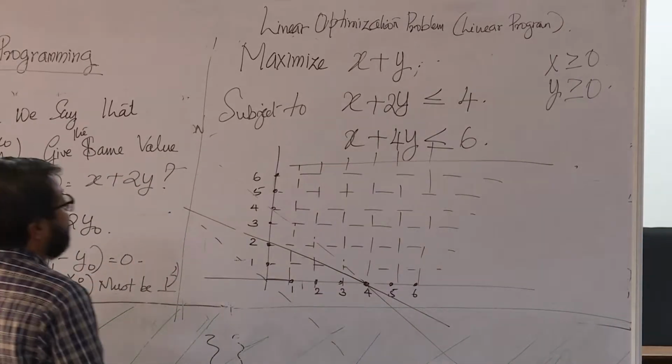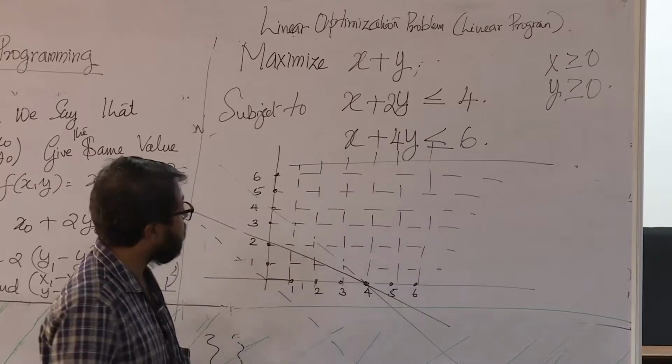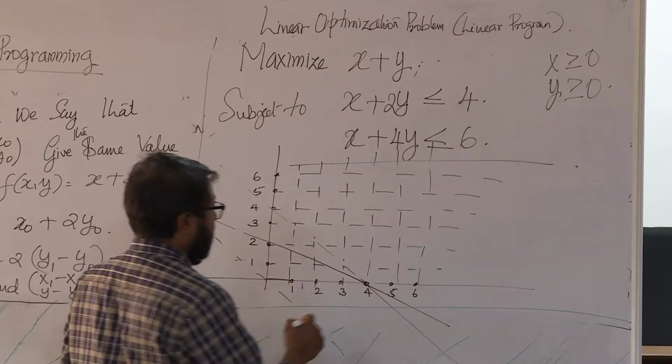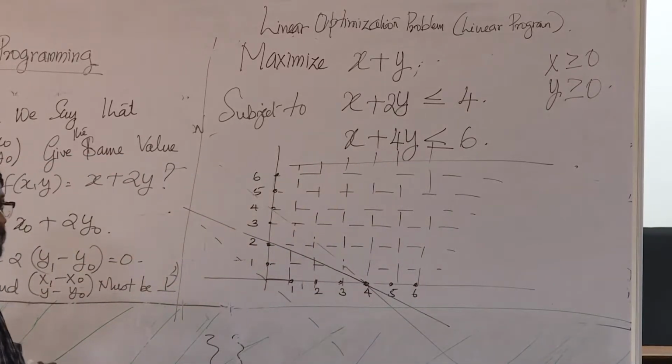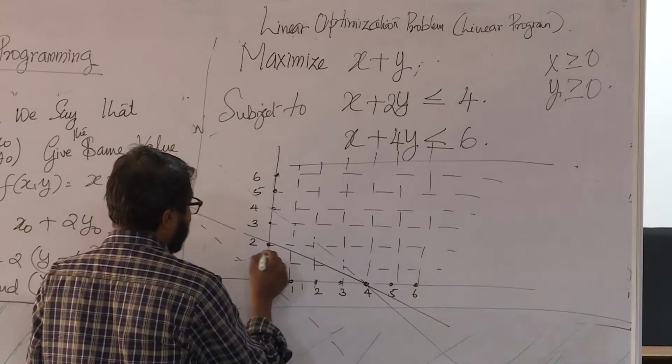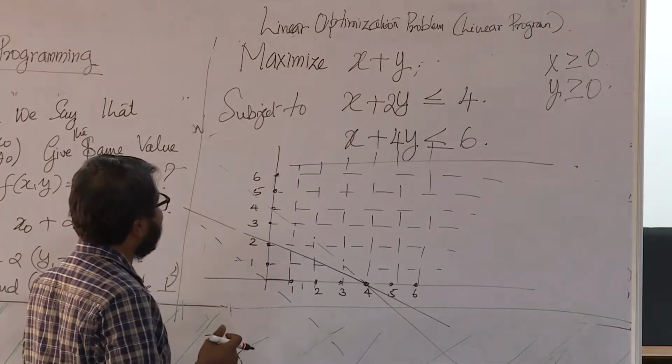Now, what is the other constraint saying? This says that x plus 4y less than or equal to 6. So 6, 0 is one point. The other one? 0, 1.5. Yeah. Or let's try to get a better point.